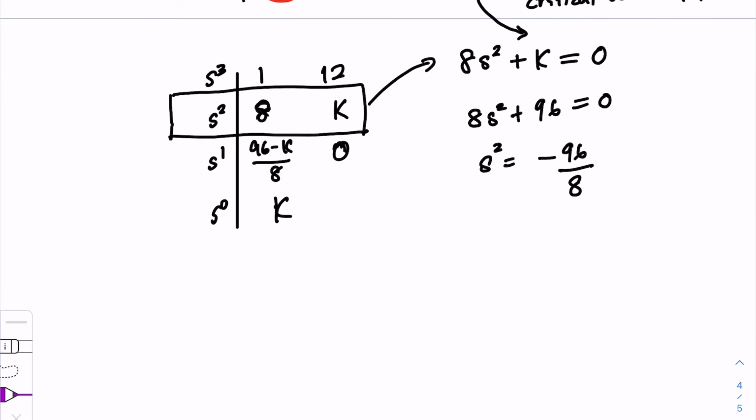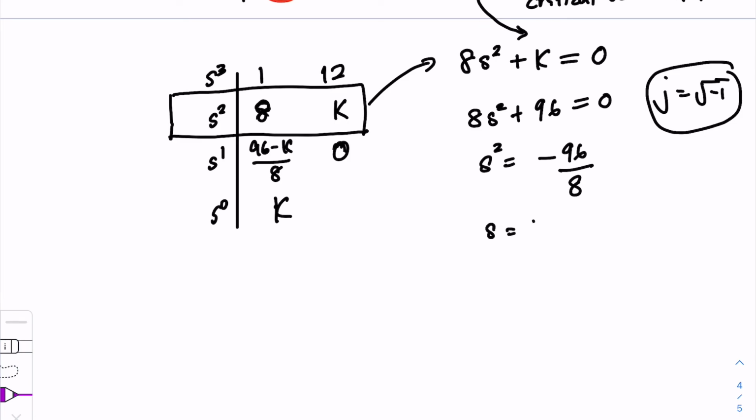Before that, just to show you that it's going to give me negative 96 over 8. So for the negative 96, if you remember, J is the square root of minus 1, isn't it? So I can replace that minus part with a J. So if I want to square root the minus value, I can just add the J there.